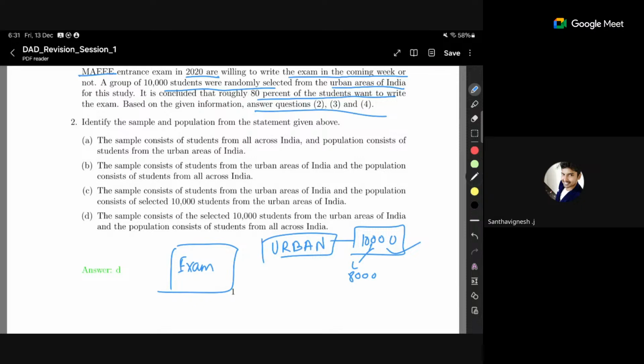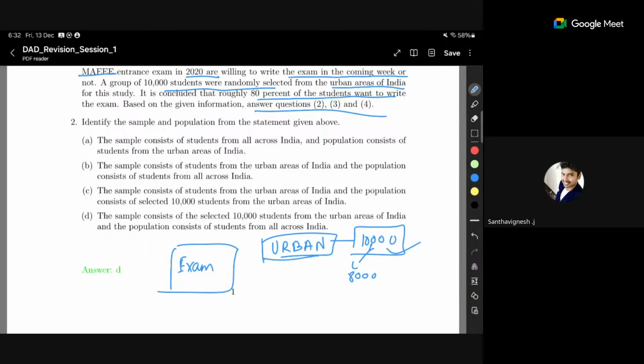Okay, so there is one issue: they took only urban people. Like I said, if you are taking a sample, it should represent a good amount of variety. It doesn't have that much variety. Urban people are writing the exam, and most likely city centers are in urban cities, not in the rural areas.